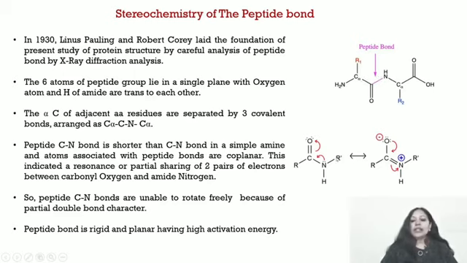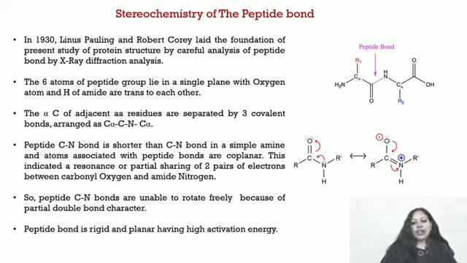Why? This is because of the partial sharing of electrons between carbon and nitrogen, which gives it a partial double bond character, or a resonance-like structure. So the length of the bond becomes shorter as compared to a single bond, and always remember that the rotation of atoms around a double bond is restricted, meaning peptide C-N bonds are unable to rotate freely because of the partial double bond character.